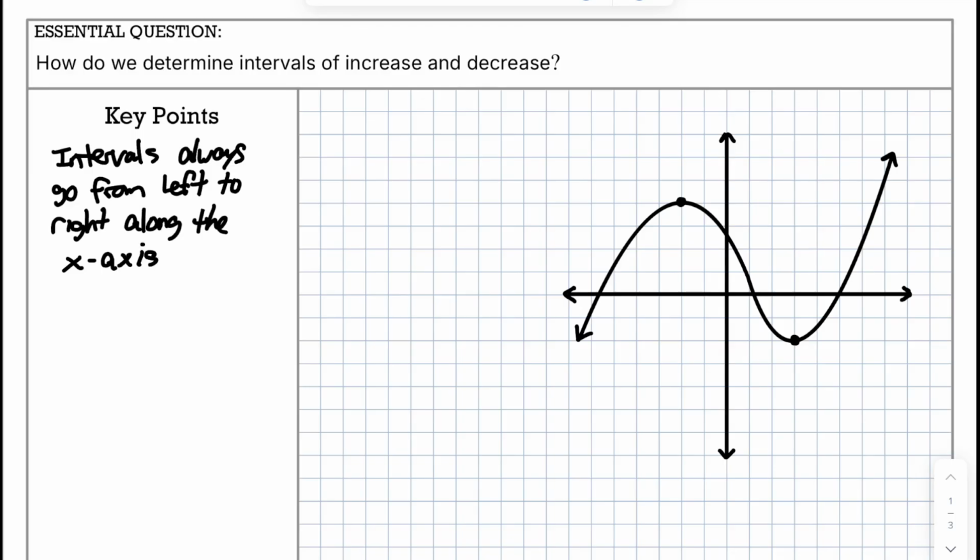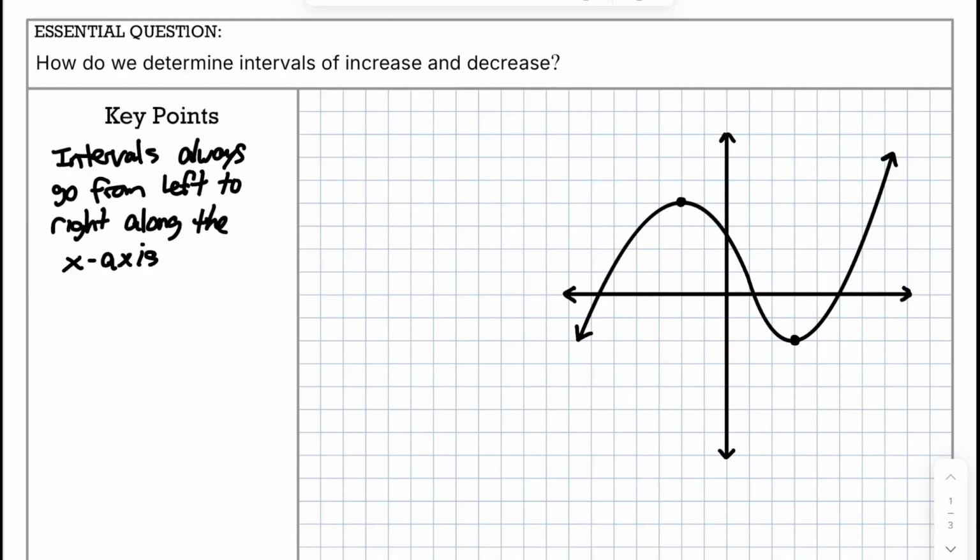So we're looking at a linear interval along the x-axis, and where students get mixed up a lot is they're looking vertically up and down on the y-axis. So we are always looking at where it's changing or where it's going up or down along the x-axis.